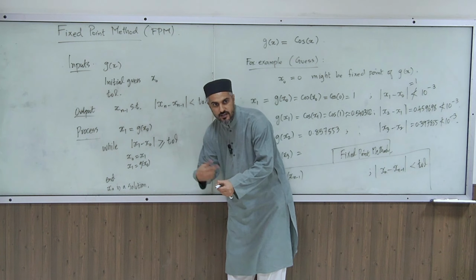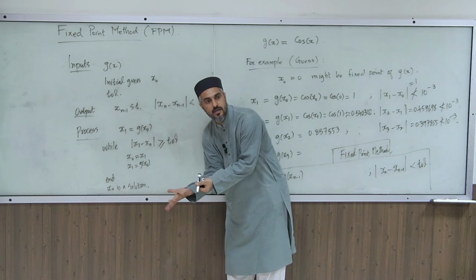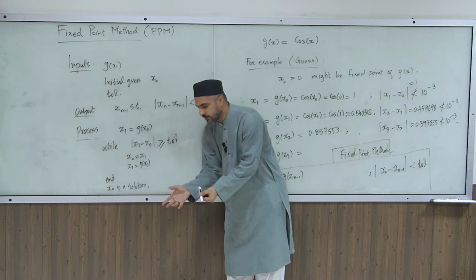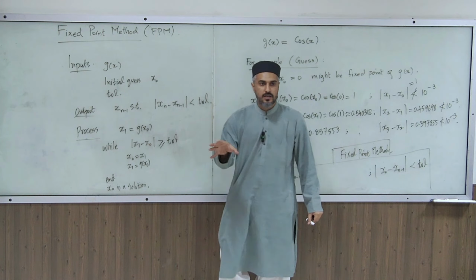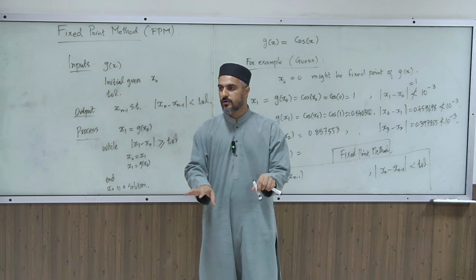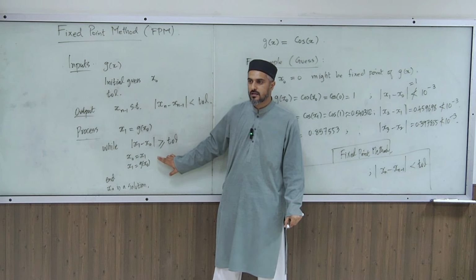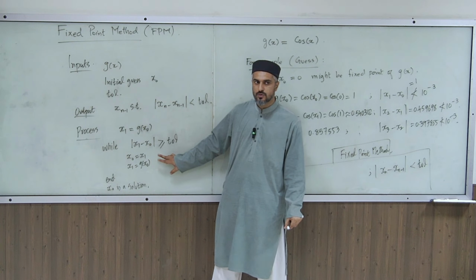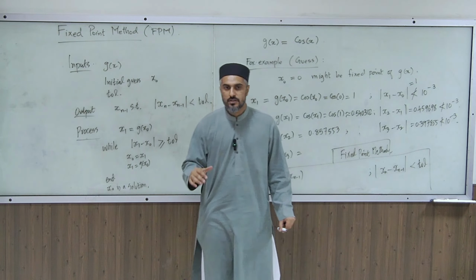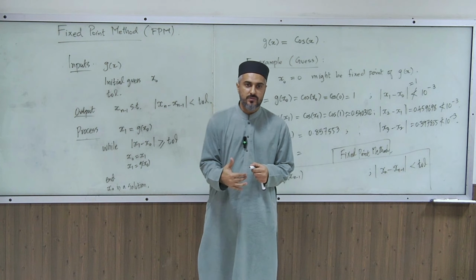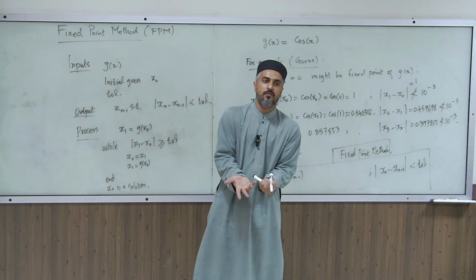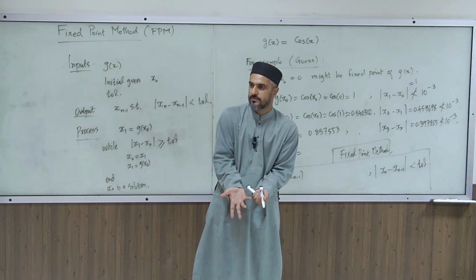So x naught is an input, and x1 becomes an output. Obviously there are restrictions whenever you write in a programming language or some software, so it's just a swapping. I'm just swapping the roles to be a good programmer while using fewer variables.